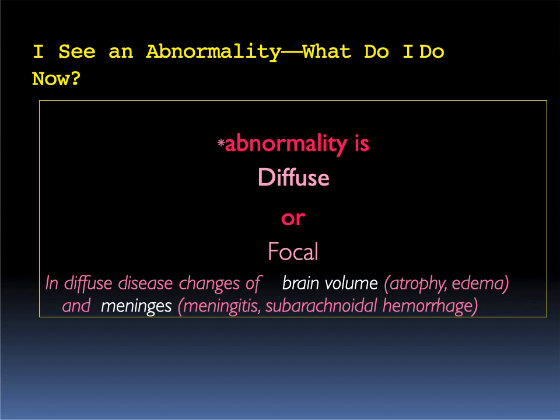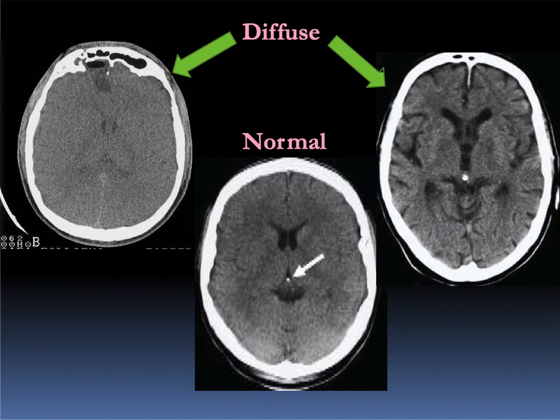If the abnormality is diffuse, for example atrophy, edema, meninges taking contrast in meningitis, or CSF hyperdensity in subarachnoid hemorrhage.